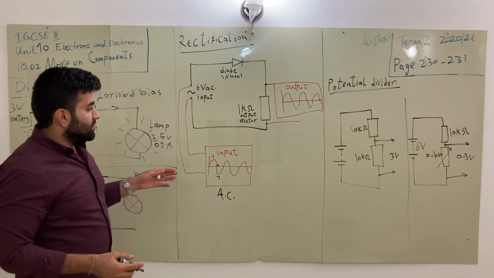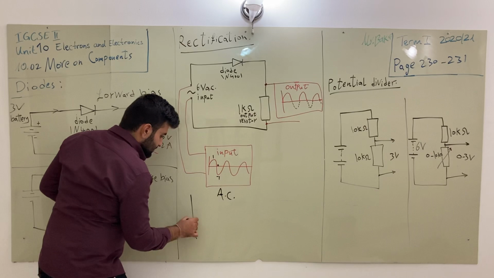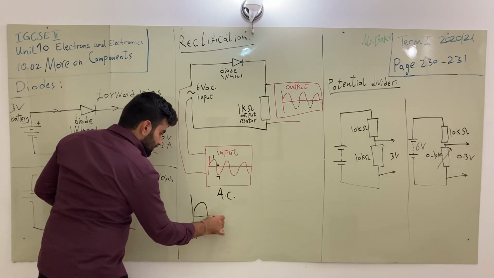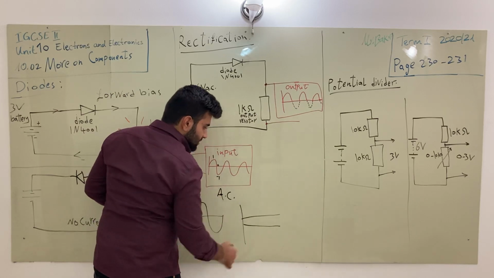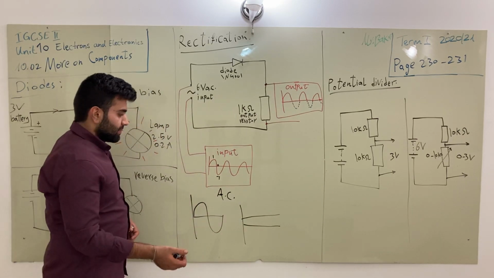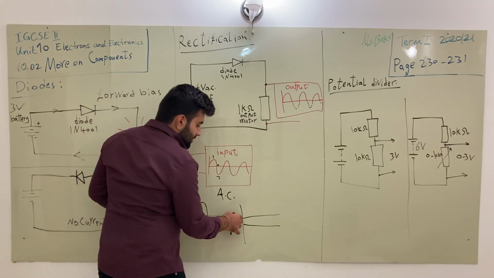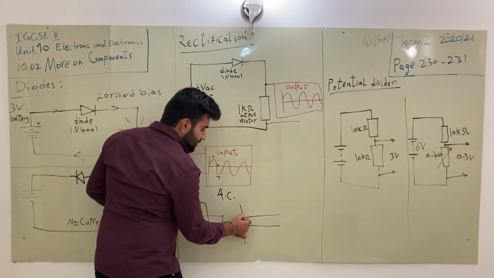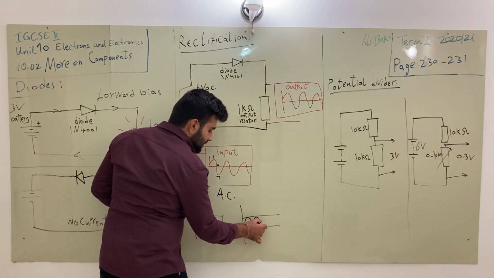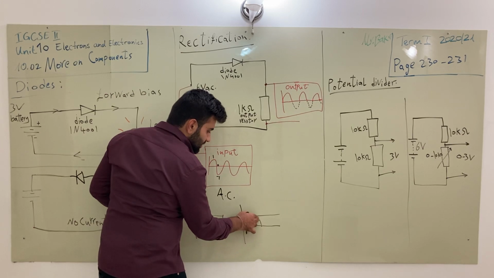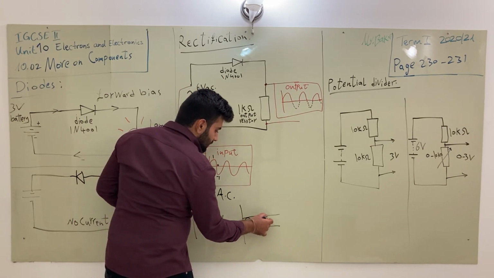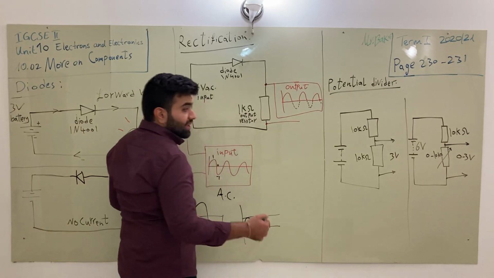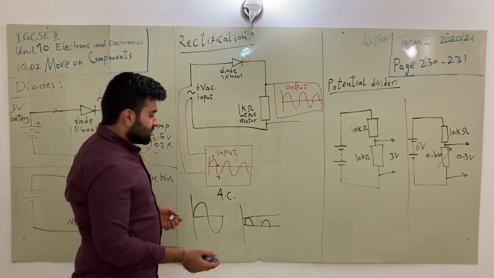This is the AC, and the DC is like this, just normal and straight. With the rectifier, the diode lets the wave go up and down, and there's a gap for the negative wave.